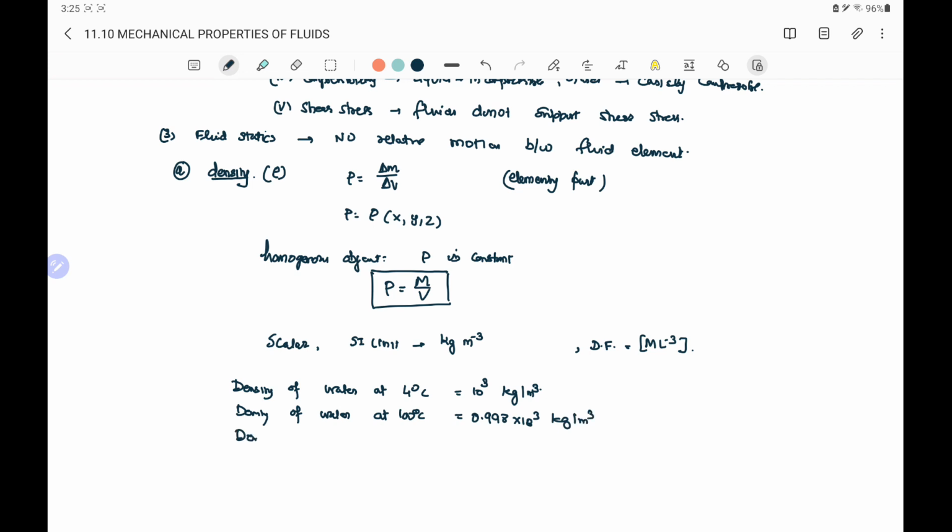Similarly, density of seawater is slightly higher, and it is equal to 1.03 into 10 to the power 3 kilogram per meter cube. These are some examples of the densities.